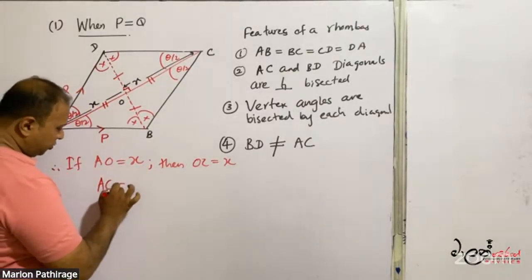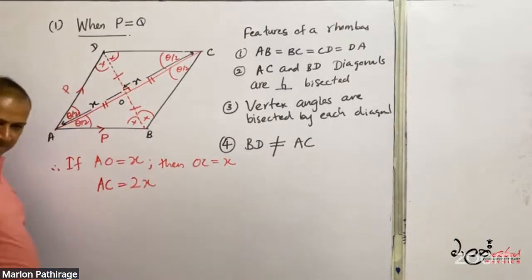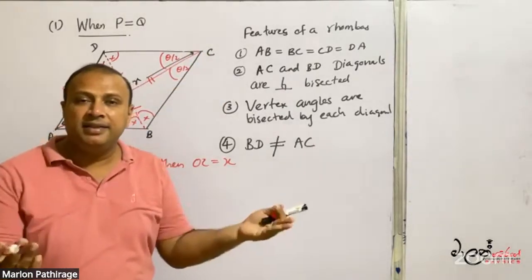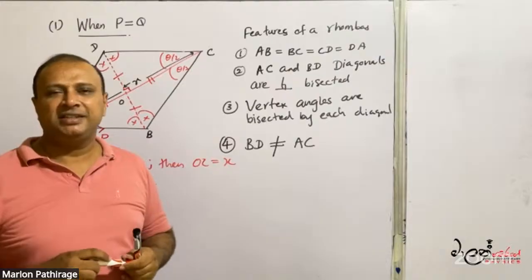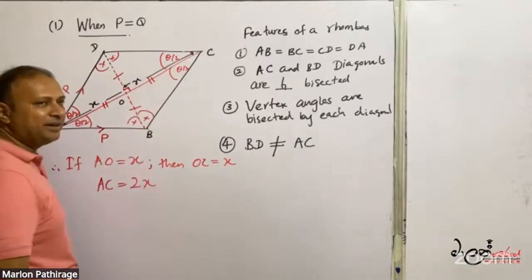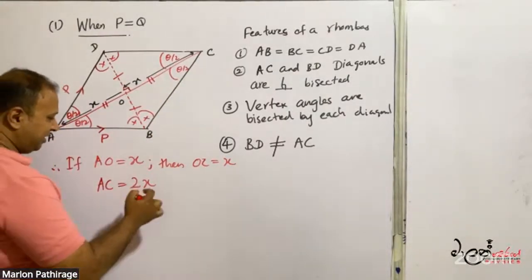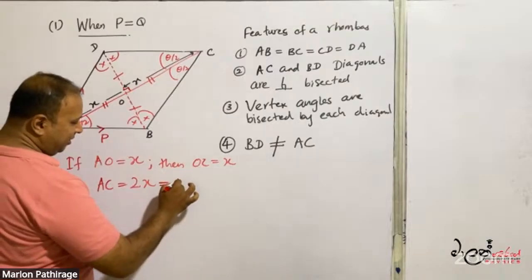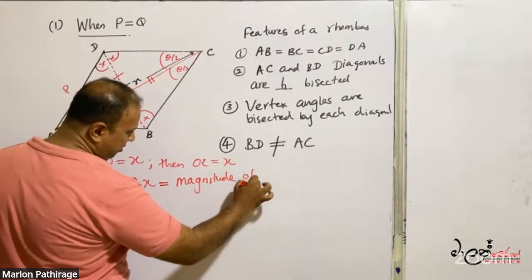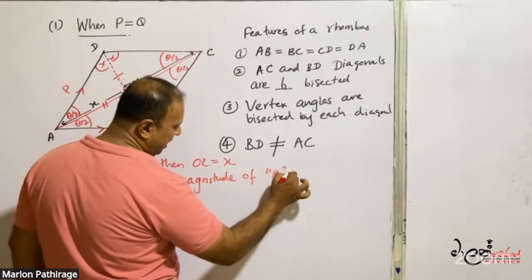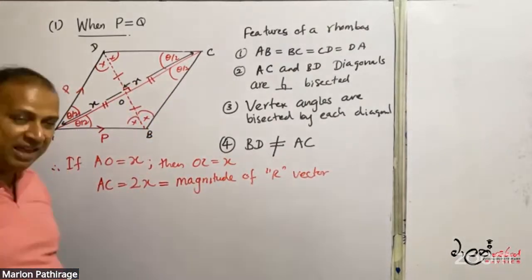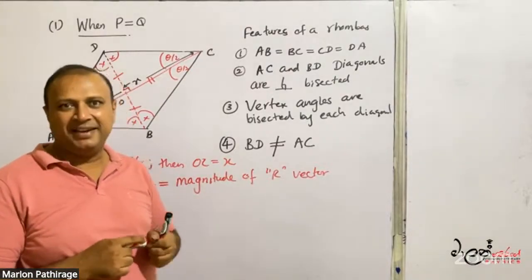AC length is the magnitude of the resultant vector. So AC length is equal to the magnitude of R vector, that is equal to 2x. Therefore, if you can find x, you can easily determine R.